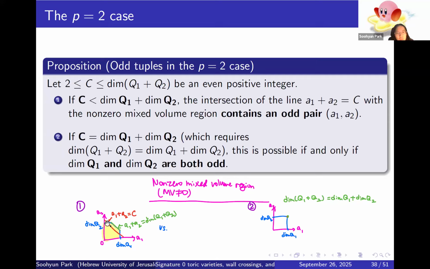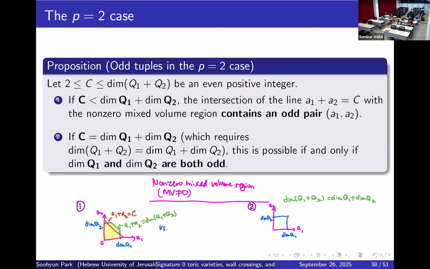And then you just say, because you have enough points, you will get an odd pair at some point, because you assume that the dimension over here has even parity. So if you have at least two possible things available, then one of them must be odd. Okay, I see. Got it. Thanks.